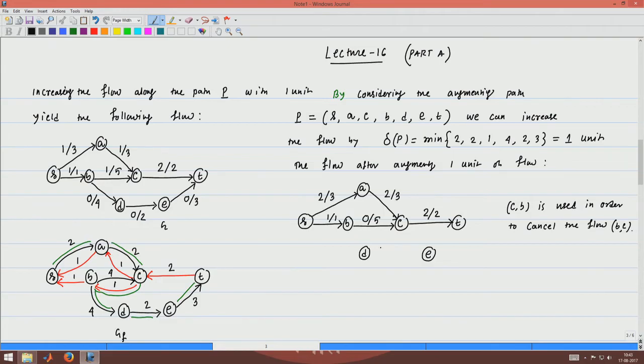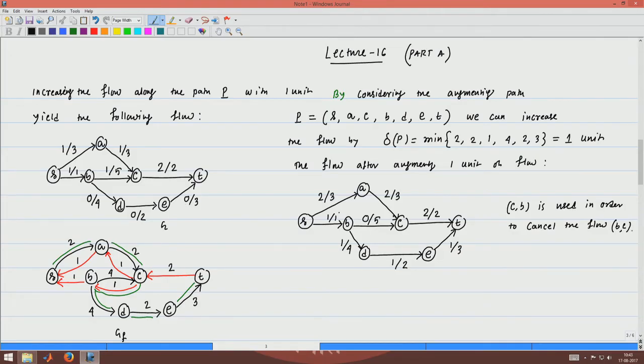Now, the flow along B D was 0 before, now it will be 1 and the capacity is 4. The flow along D E was 0 before, now it will be 1 and the capacity is 2, and the flow along E T was 0 before, now it is 1.